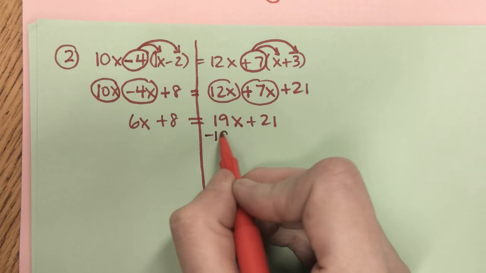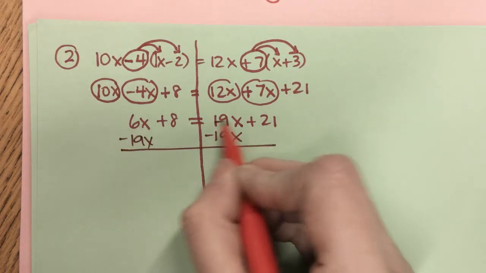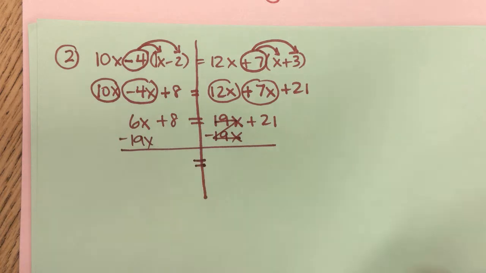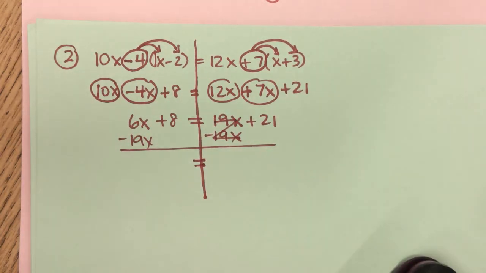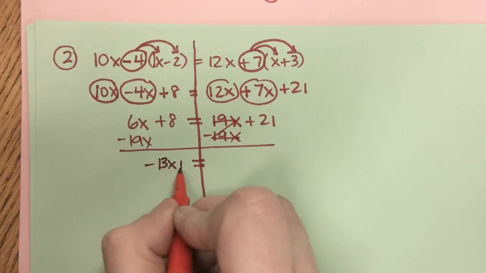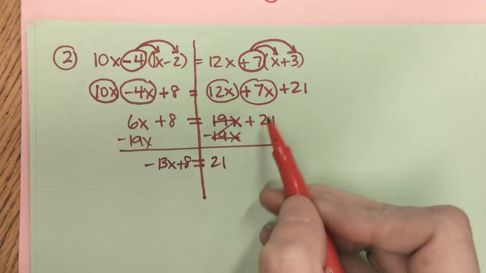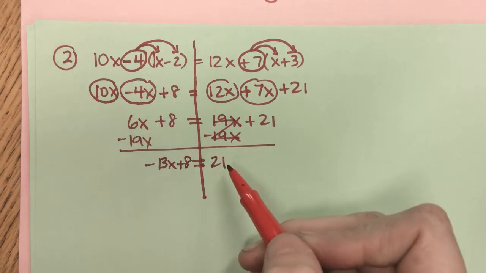So I'm going to start by moving my x's to the left. I don't have to move them to the left. You could just as easily move them to the right. But when I was a kid, I was trained to move them to the left, so that's what I do. 6 minus 19 is negative 13x, and then 21. I didn't make it positive 21 because positive is assumed.